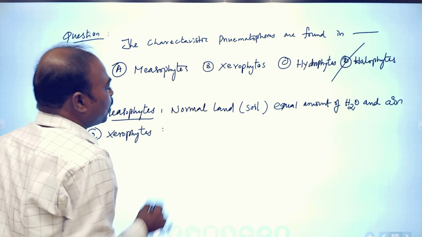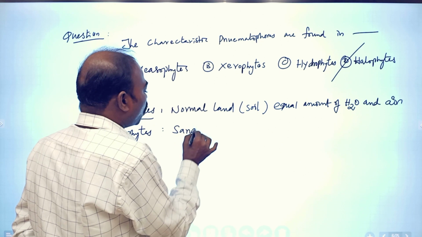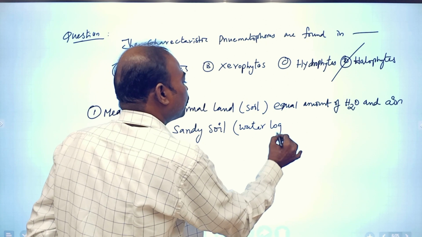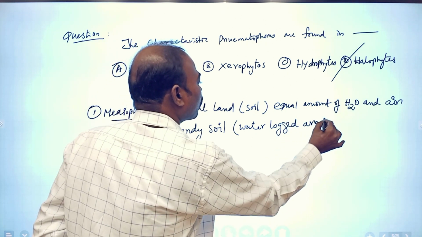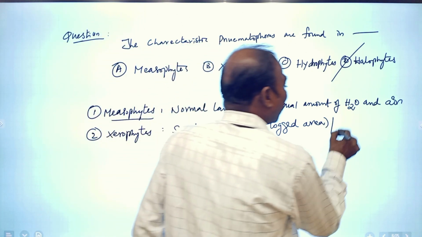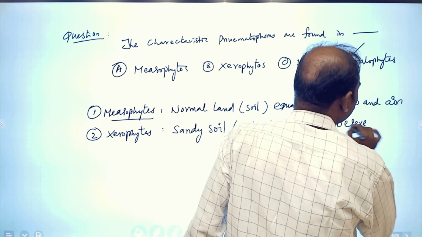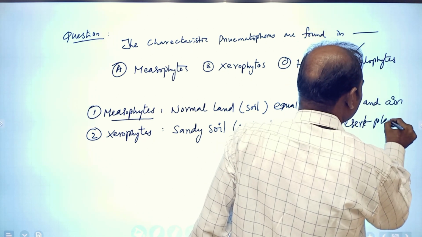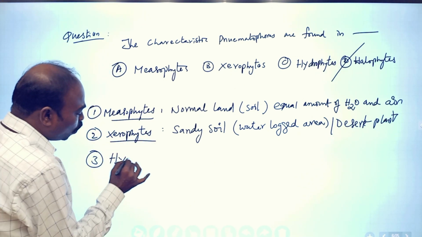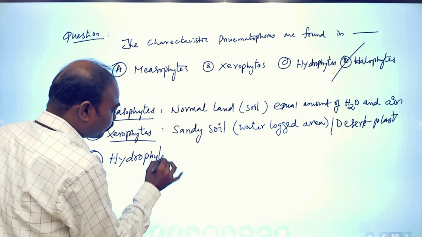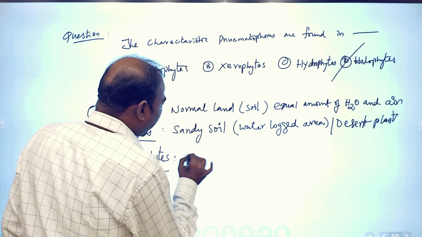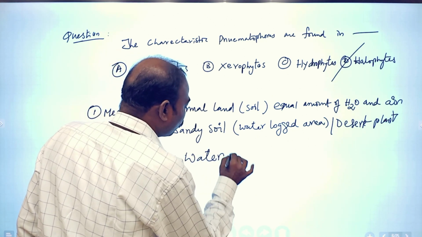The plants which grow in sandy soil or desert areas, are called xerophytes. What are hydrophytes? The plants which grow in water habitats.